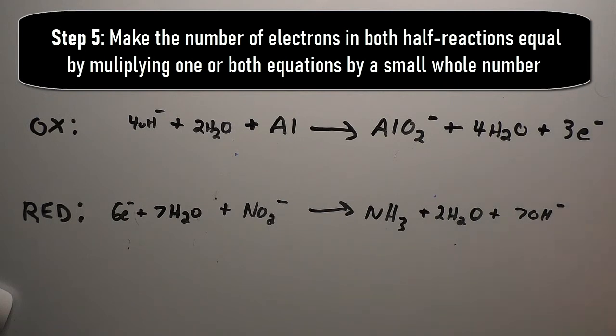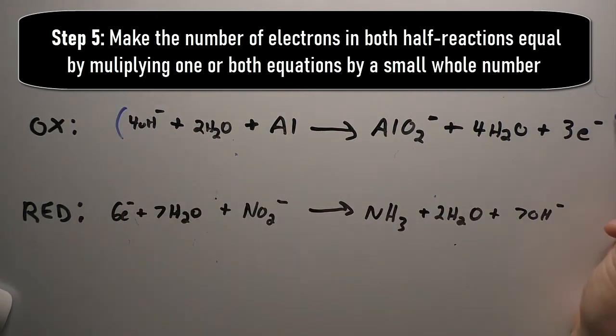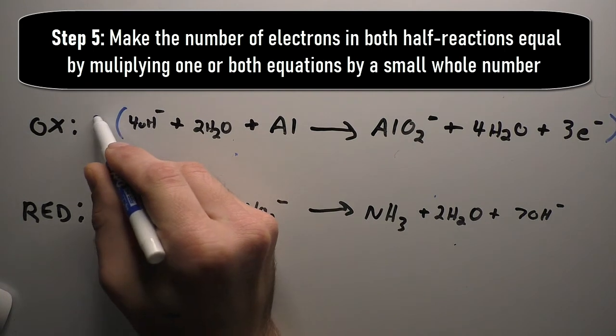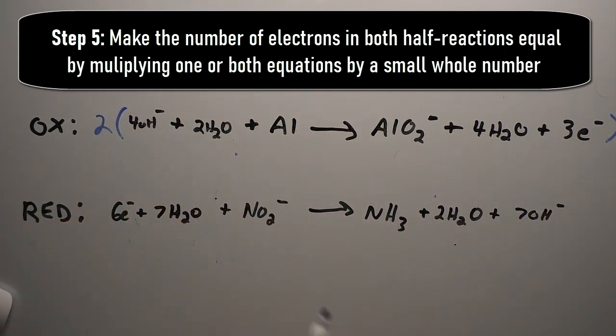So as you can see, in the oxidation half reaction, the number of electrons is 3. In the reduction half reaction, the number of electrons is 6. So the easy fix for that is to take the entire oxidation half reaction and multiply it by a factor of 2, because 2 times 3 electrons will be 6 electrons, and we can leave the reduction half reaction alone for the time being.